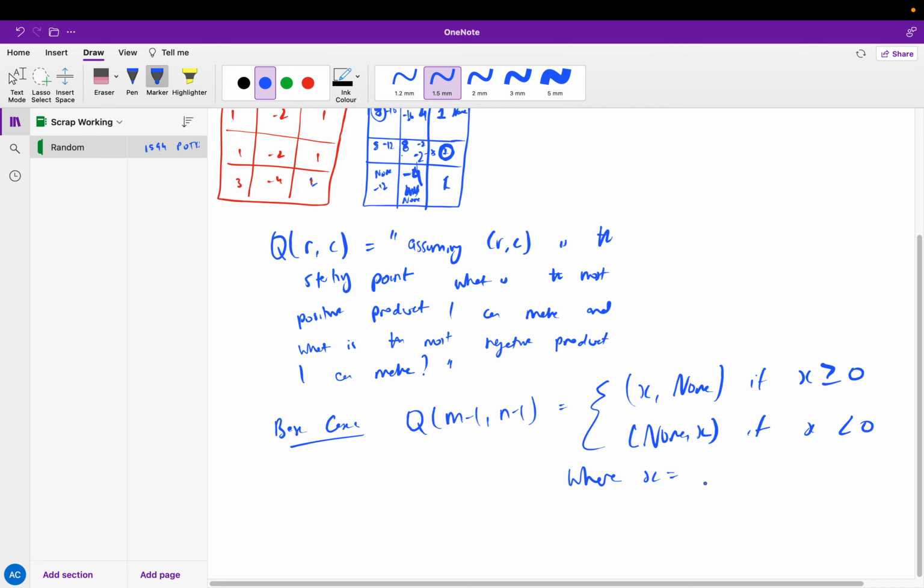This original red thing is grid, where x is equal to grid[m-1][n-1].